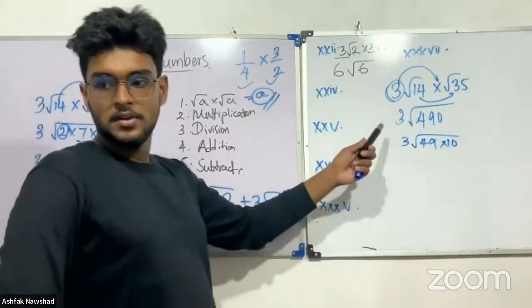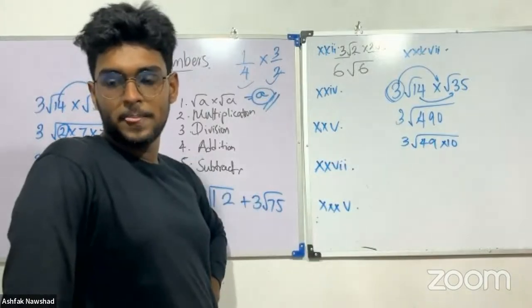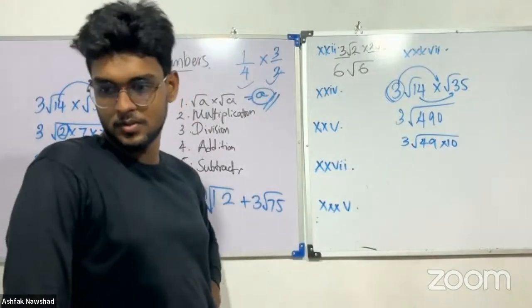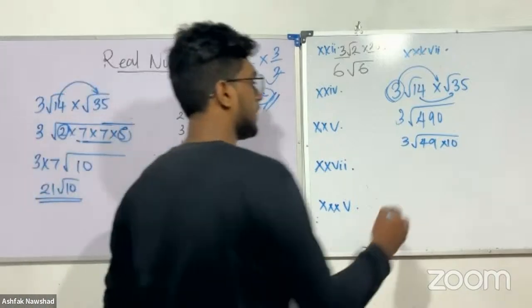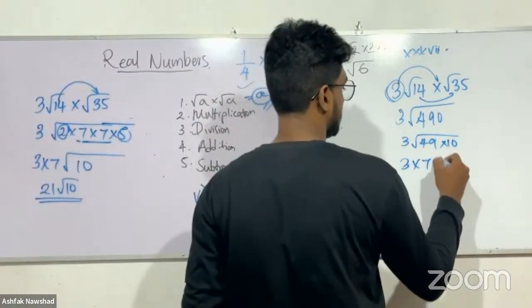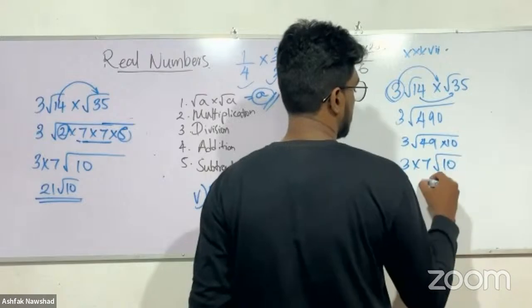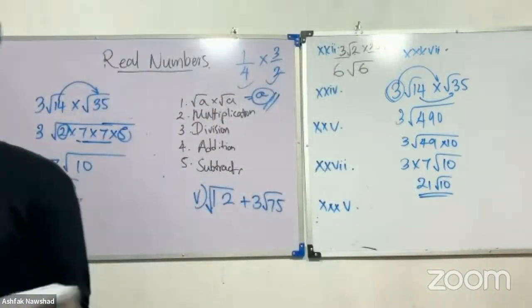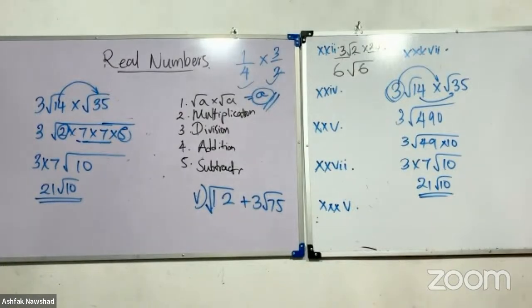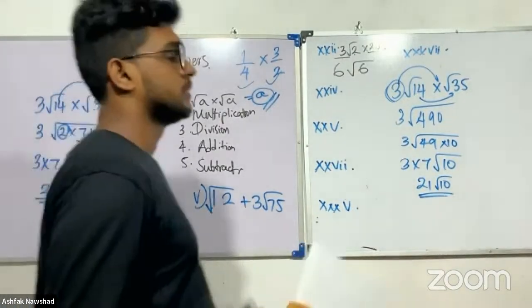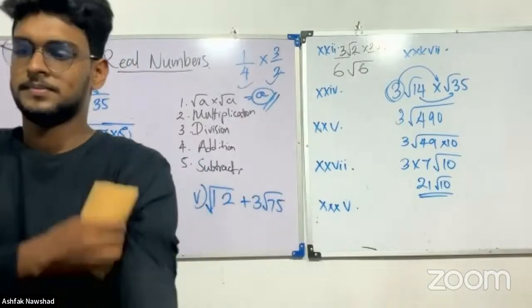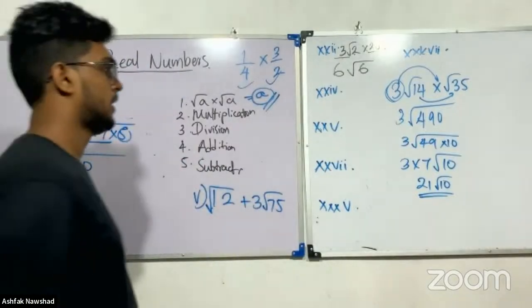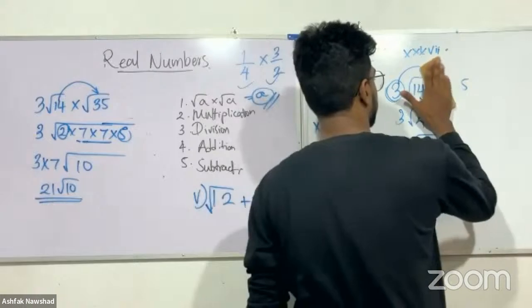We know 49 is a square number, so we take 7. 3 times 7 is 21. 21 root 10. Okay. All right. And then I'll just clear this.